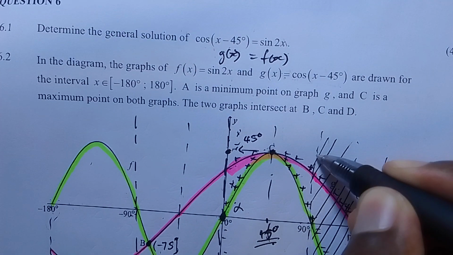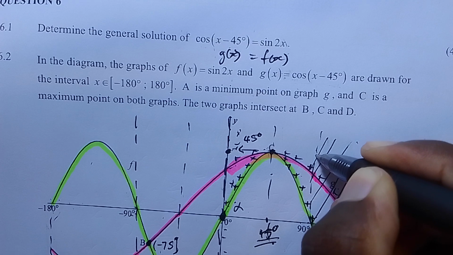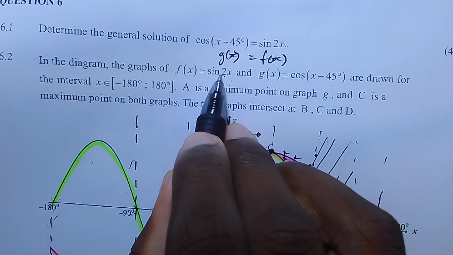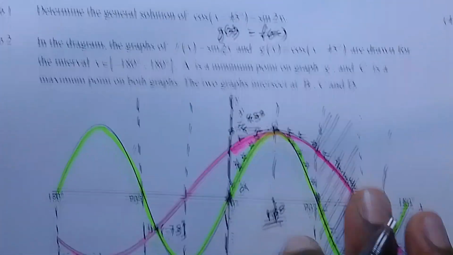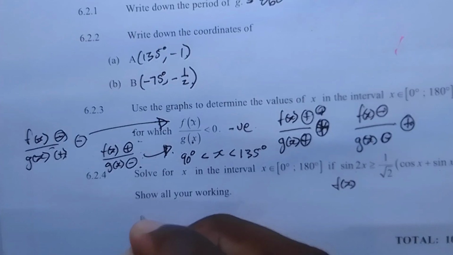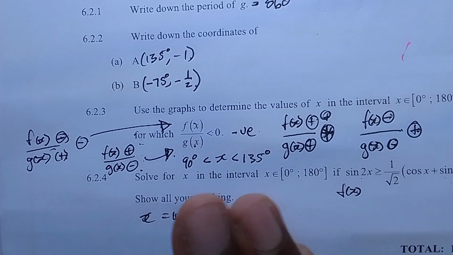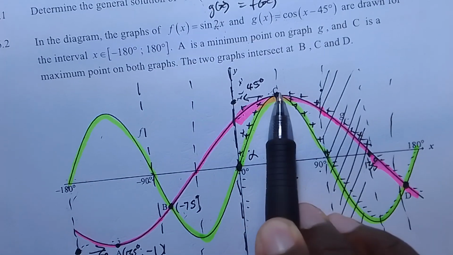The maximum of the original sine was at 90, and you divided it by 2 because this divides the period and it divides every value you have. So you say 90 divided by 2, you get 45. Okay, so that's 45 degrees. Your first solution here is x is equal to 45 degrees. You don't use any inequality because it's at a point, it's not a range.